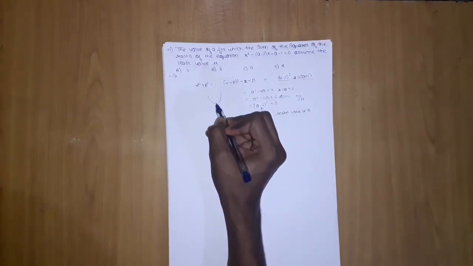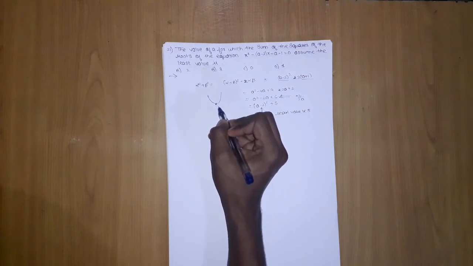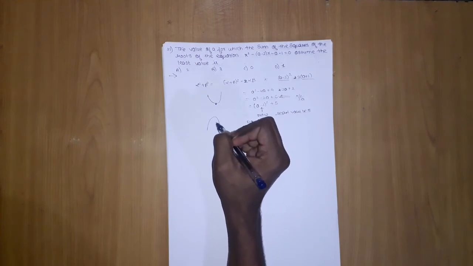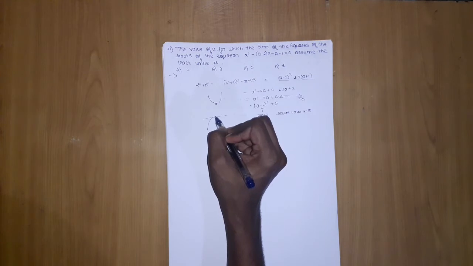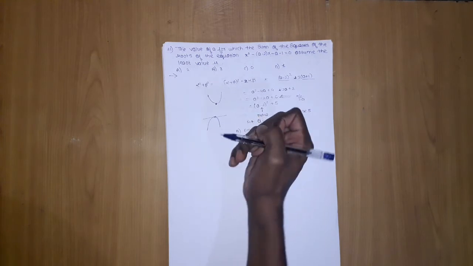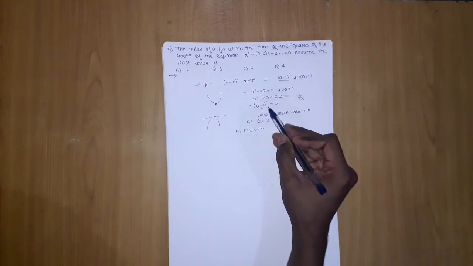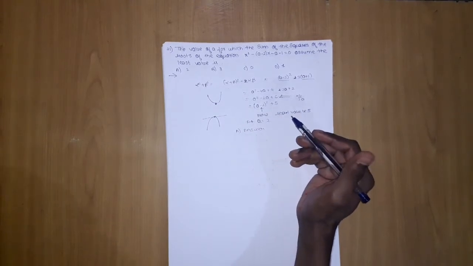In an upward parabola we call this value the minimum value, while in a downward-facing parabola, where a is negative, we take it as the maximum value. If you find minus b by 2a, you will get the same answer, which is 2.